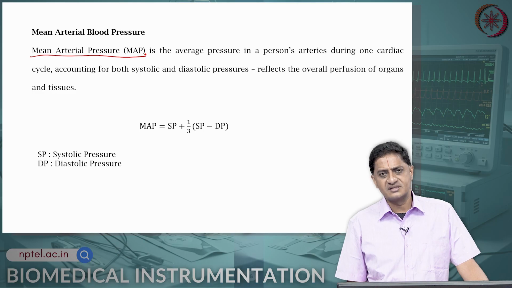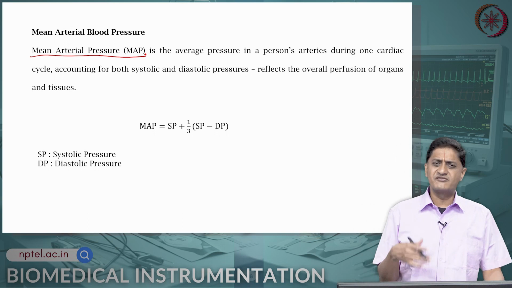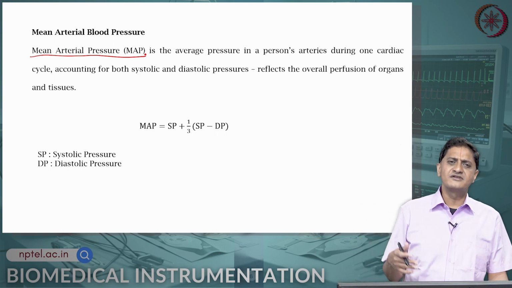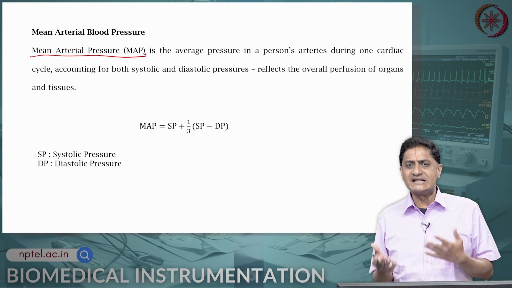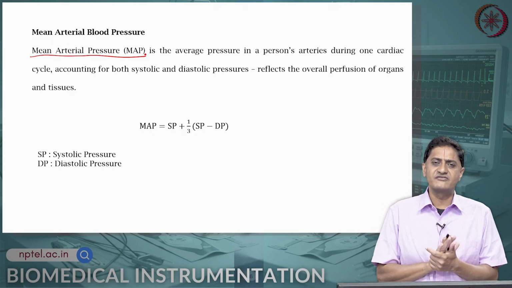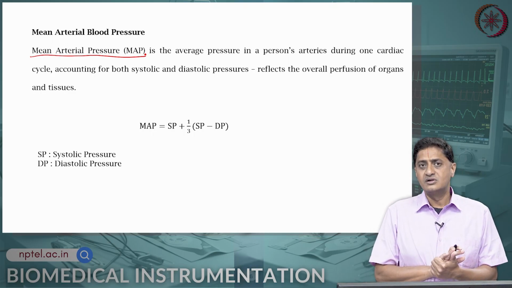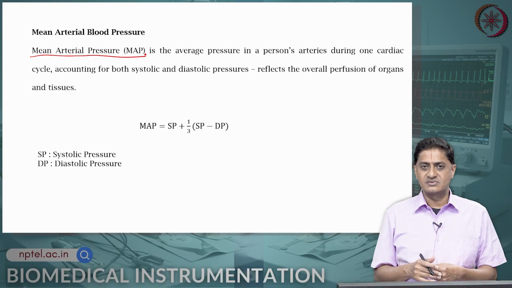As the heart beats, it is a cycle, you could start from any point. Let us start with, for example, the atrial systole, that is the contraction of the atrium, to the next contraction of the atrium.